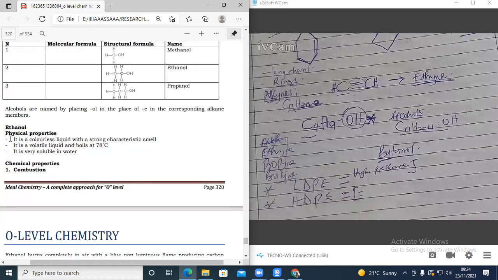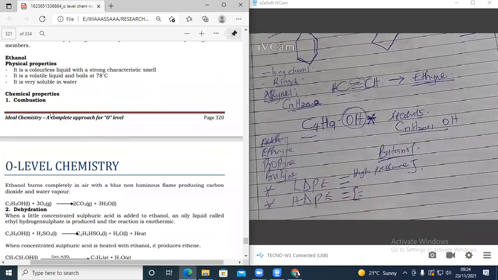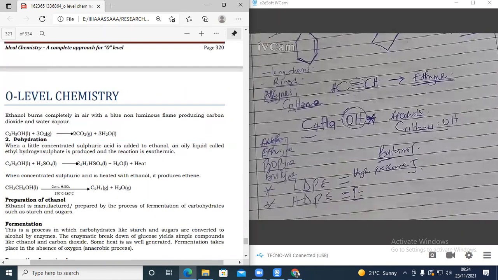Then finally, we finished alcohols. We looked at alcohols, the combustion of alcohol. We looked at the dehydration process of ethanol. When you dehydrate ethanol, you get ethene gas and water. So if you want to prepare ethene gas, you dehydrate ethanol with concentrated sulfuric acid at a temperature of 170 to 180 degrees Celsius.